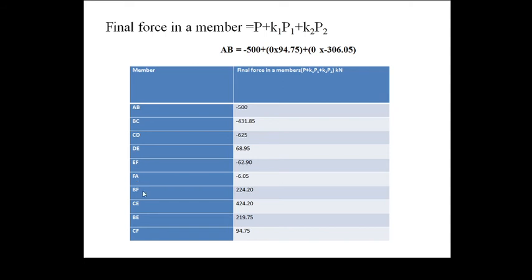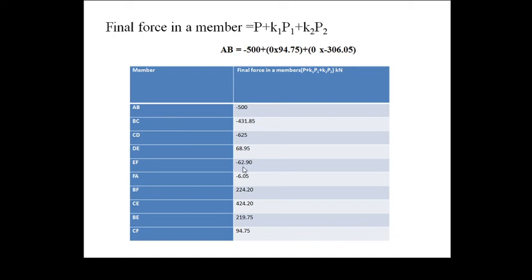Like that, similarly, we can find out for CD, DE, EF, FA, BF, CF, BE and CF. These are the final forces we get in the members. The minus sign indicates compression in the member. This BC is minus, that is compression. This DE member is in tension, that is 68.98.